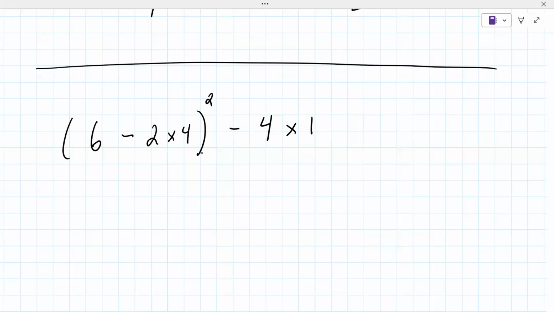Let's try this. Okay. So first I do these 2. Eight, subtract 6, 2, subtract 1, 16, subtract 6, 0, subtract 4 times 1.